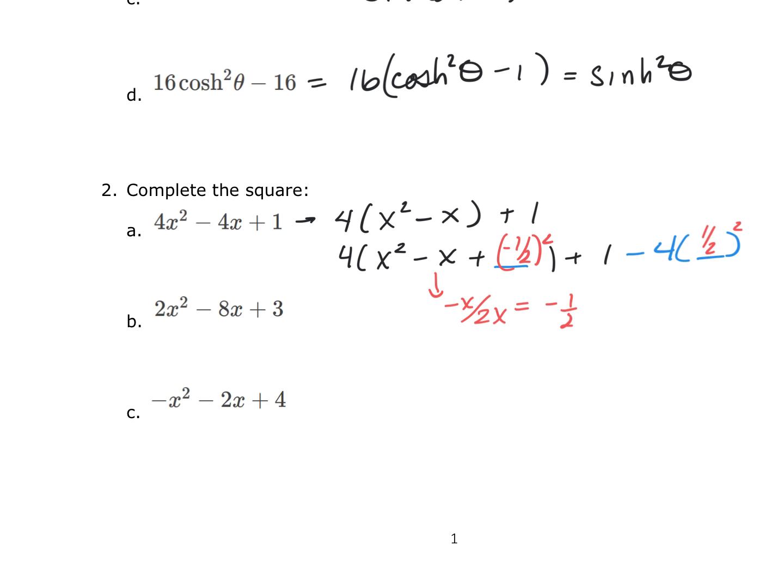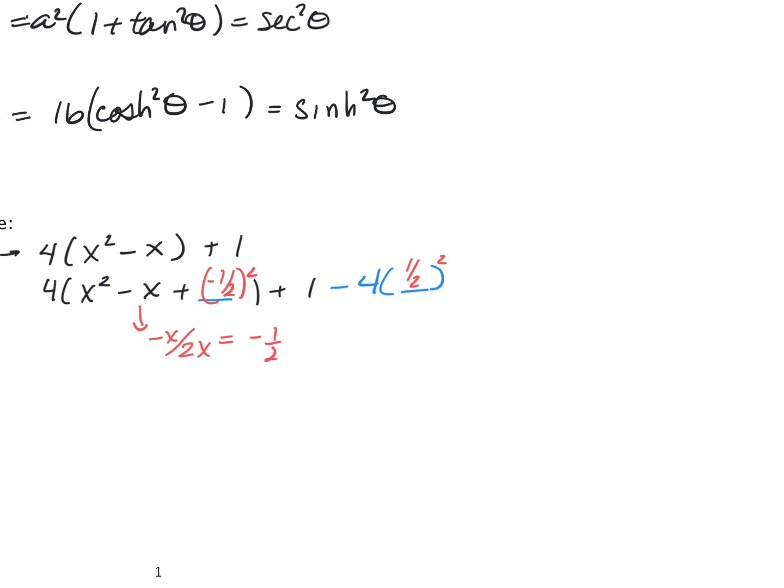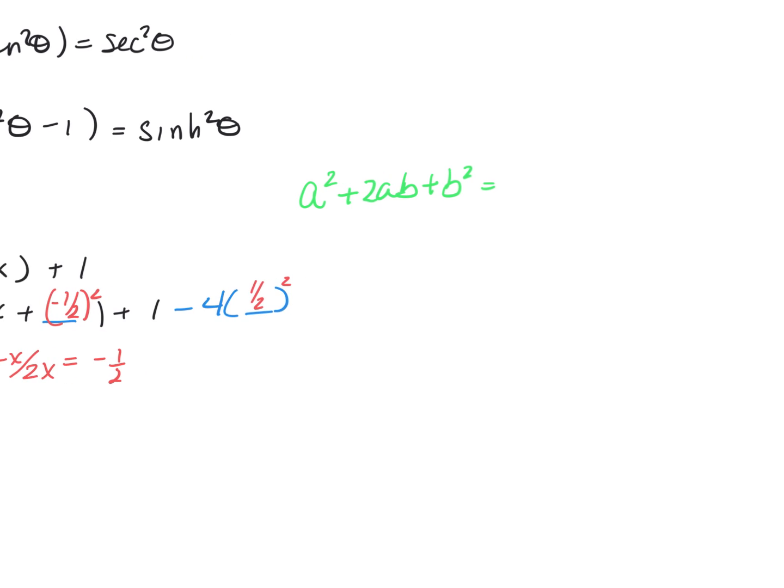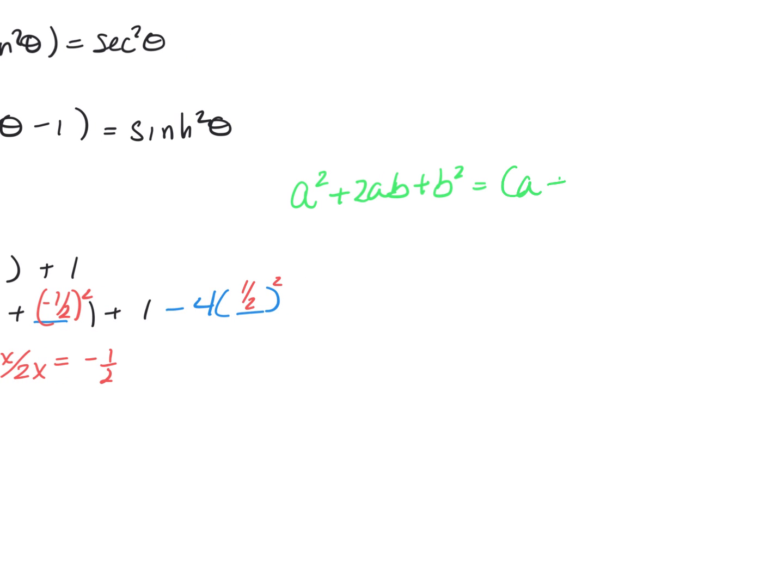Now, the reason I use both a 2 and an x is if I think about a perfect square trinomial, I have a squared plus 2ab plus b squared. This came from a plus b, the quantity squared. The only difference between a plus and a minus here is that if this is a squared minus 2ab, then I should have an a minus b in my factored form.